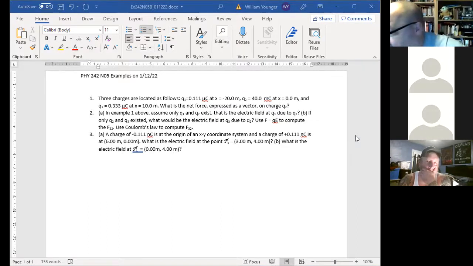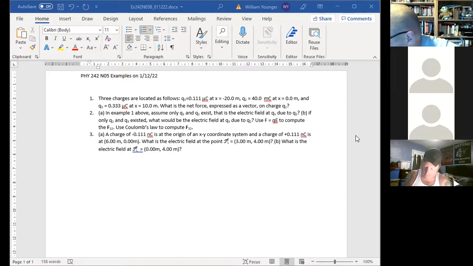So let me draw the diagram. We'll call this example 1, and I'll draw the diagram, then I'll show you the paper. I just want you all to have time to write that down. So in this case, I've got Q1 that's going to be 0.111 microcoulombs.